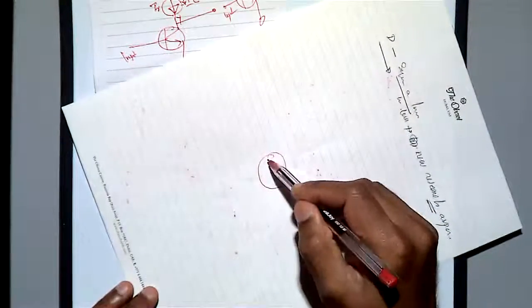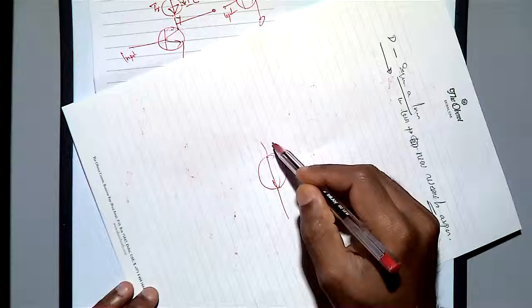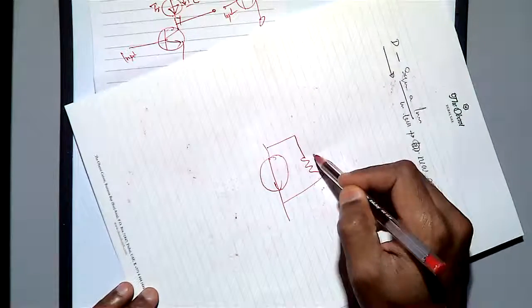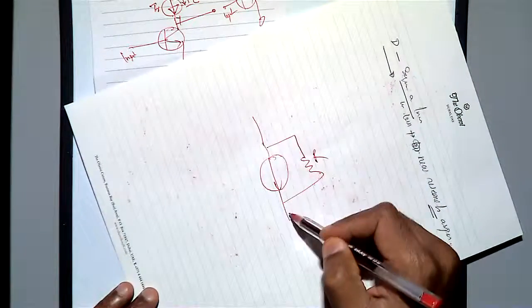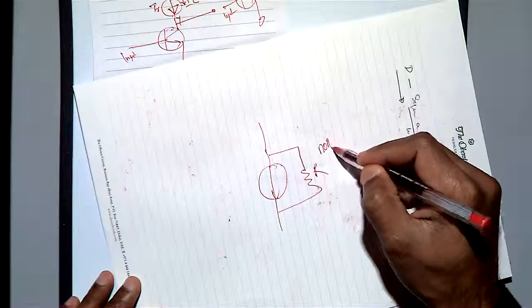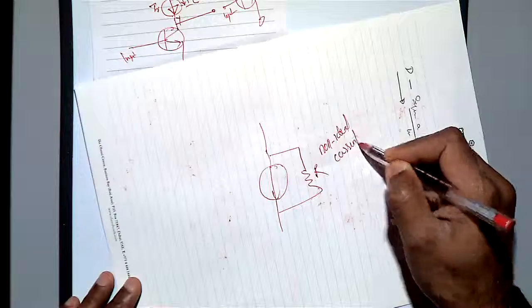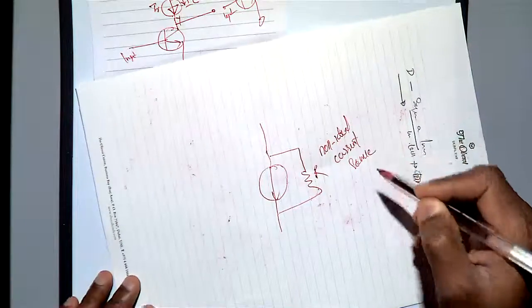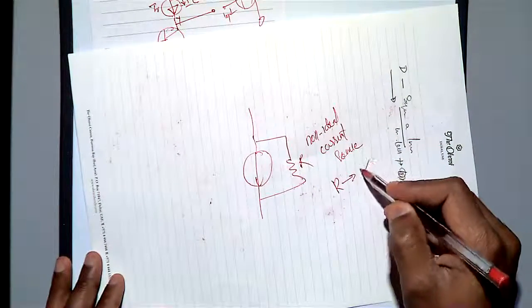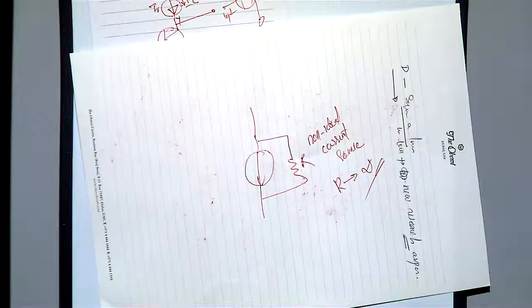When the current source is not ideal, we represent the current source and put an R. So this is a non-ideal current source. The non-ideal current source will become ideal when R tends to infinity. Then somebody will ask, how can you explain even this notation?